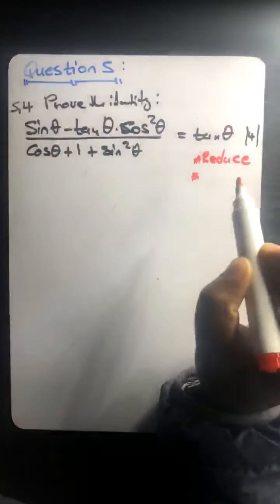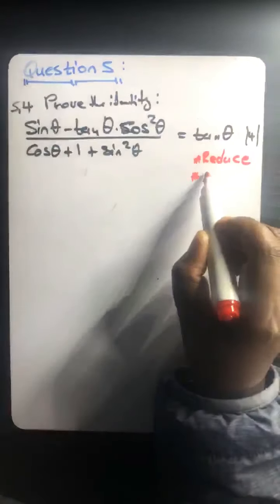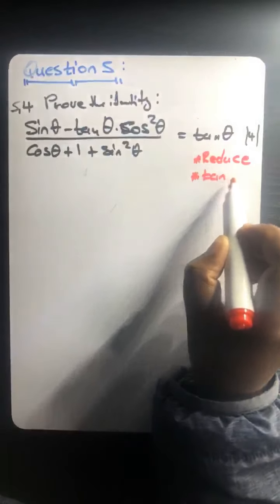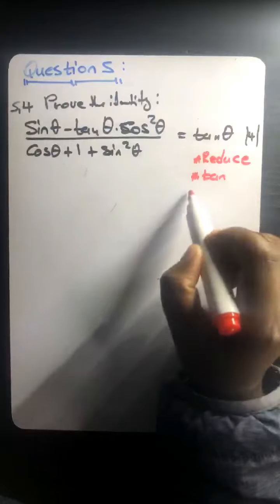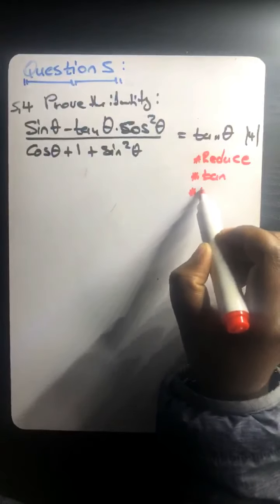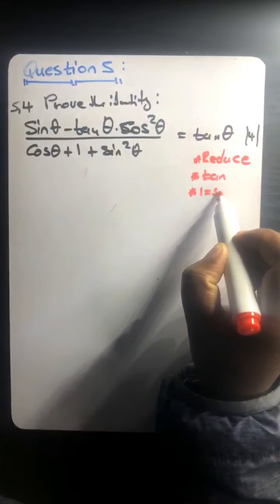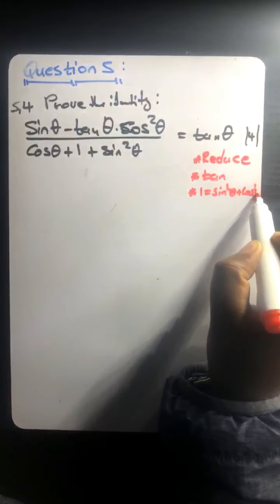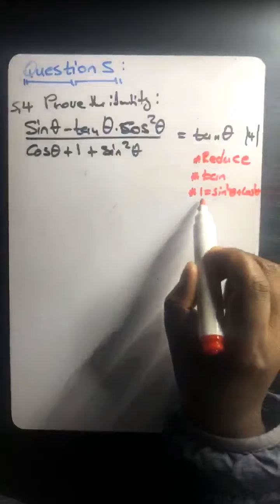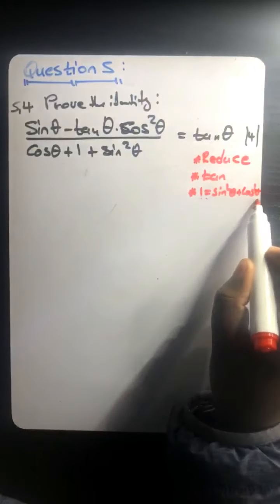So the other thing that you need to be aware of, you don't want to see a tan of whatever angle. And again, you must know that 1 is actually equal to sine squared angle plus cos squared angle. And also, you can play around with this.